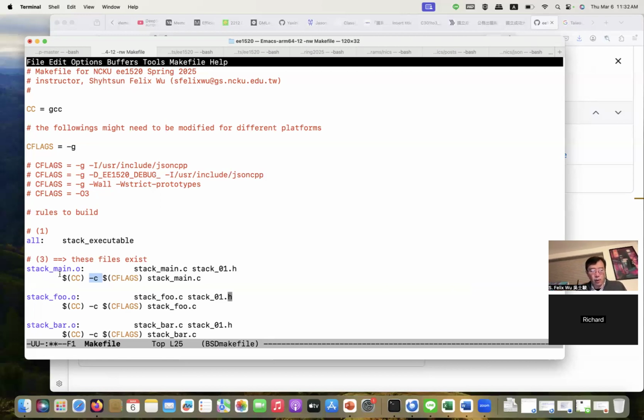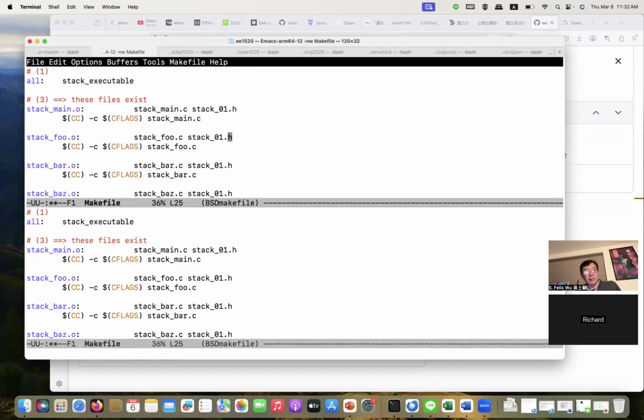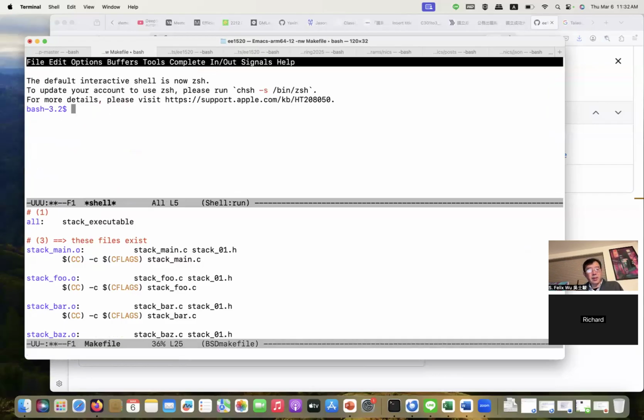Okay, let's do one thing for you to see this particular rule. I have this program. Let's try to do make clean again. Then I want to do ls -l stack_main.o.